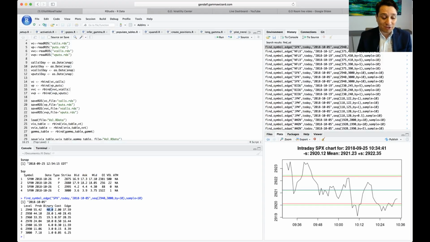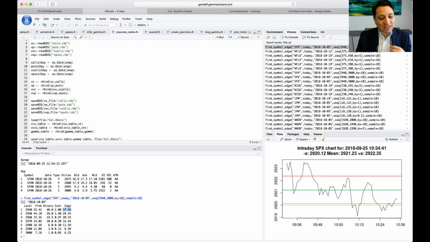So right there, you can see there's a nice edge on that trade, because the probability is 55 and the binary is only priced at 40. The next column is the cost in raw dollars. It costs you $2 per contract to enter this trade. And it shows you the edge, which is normalized to 100. So the edge is actually good. A 37% edge is a fantastic edge.